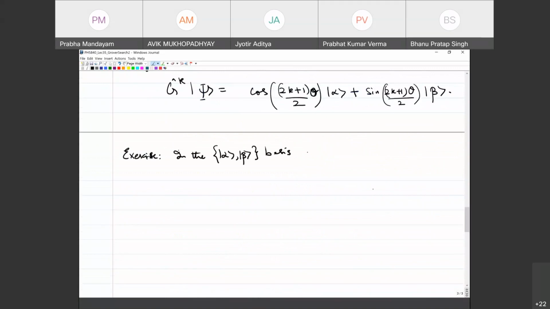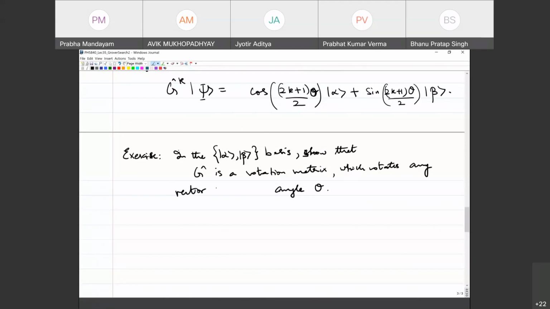Show that G is a rotation matrix which does rotation by angle theta, which basically rotates any vector in the alpha beta plane by angle theta.